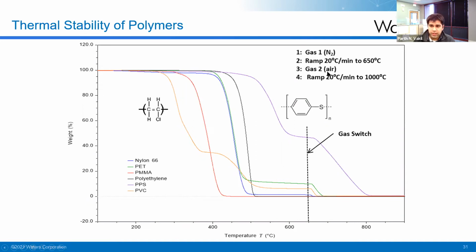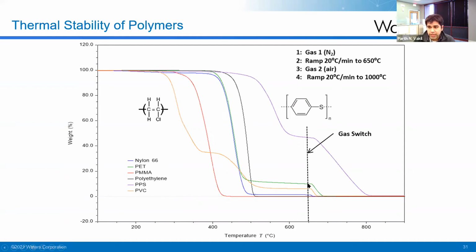When you introduce air at a high temperature, anything that is decomposed and carbon-like is going to start reacting with oxygen to produce CO2 and CO. So you basically burn off any carbons at higher temperatures once you do a gas switch. By doing these types of experiments, you can see how different polymers show you different profiles in the TGA, different onset temperatures for degradation.